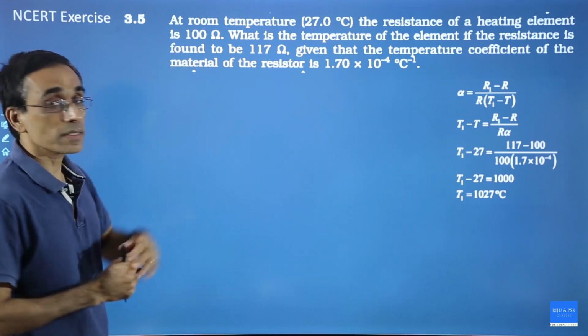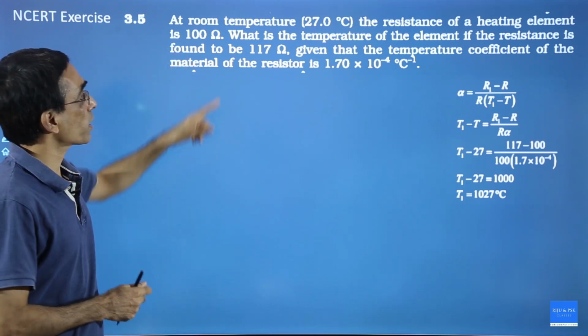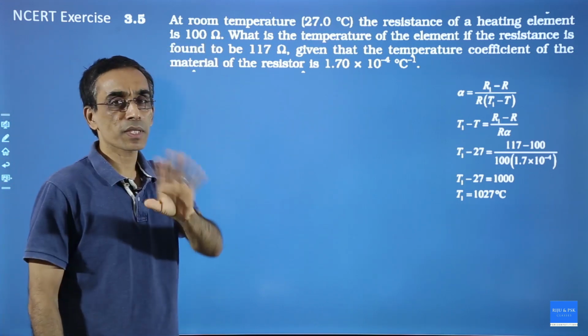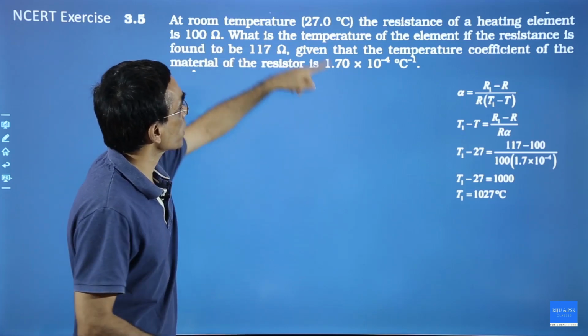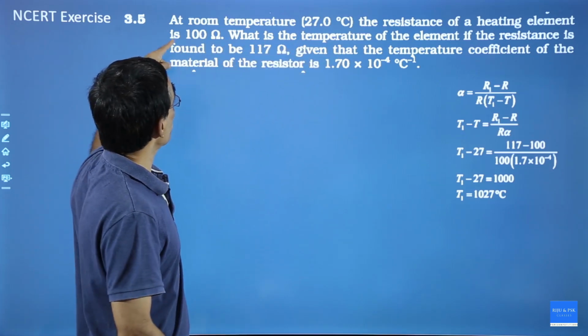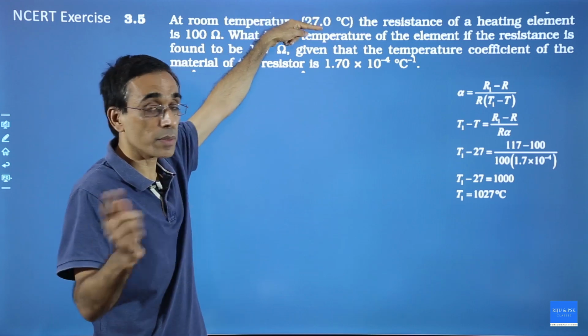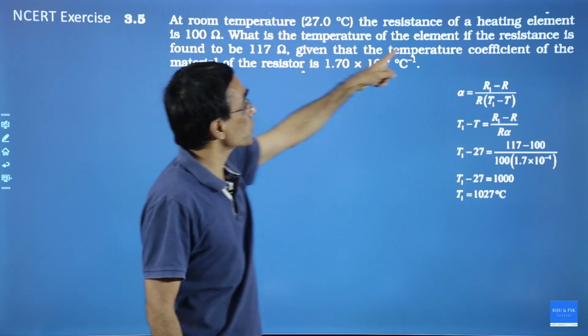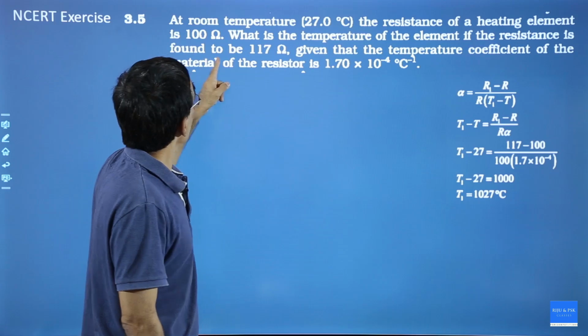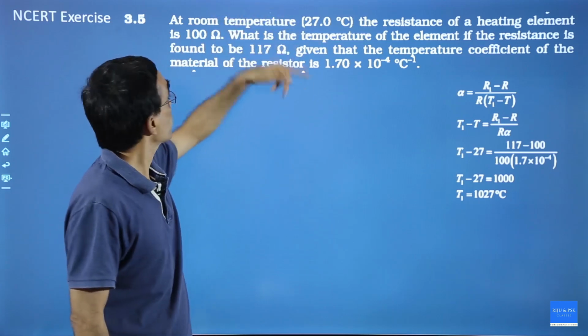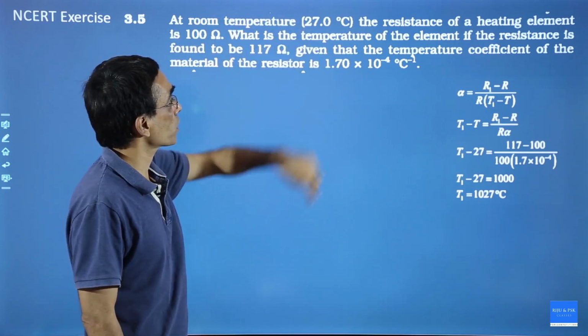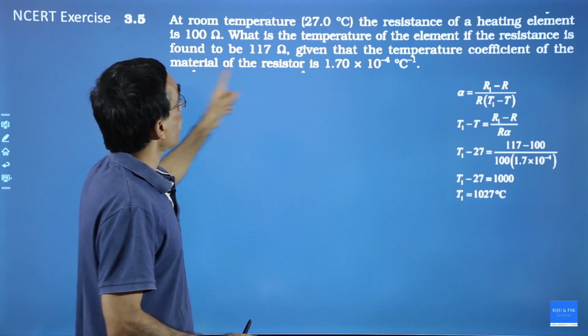After that, these are exercises in the NCERT textbook. Please work them out. The idea is the same, nothing new in that one. So there is a question given. There is a heating element, 100 ohm at 27 degrees Celsius, just like the previous question. What is the temperature of the element if the resistance is found to be 117 ohm? More than 100, so temperature should be more than 27.